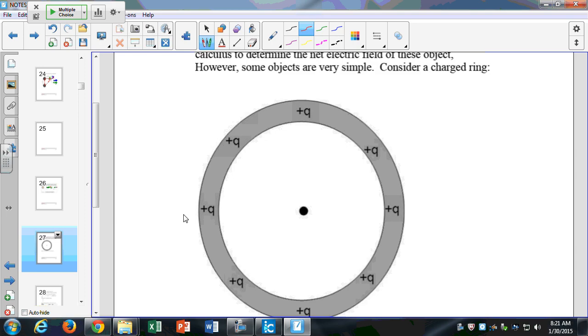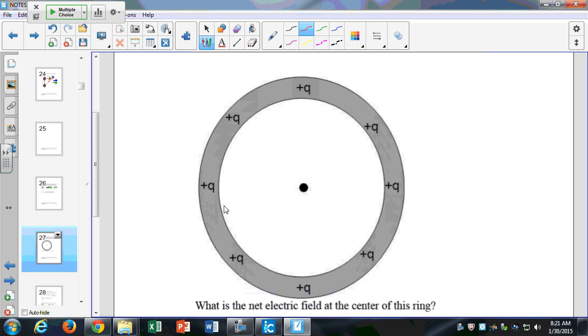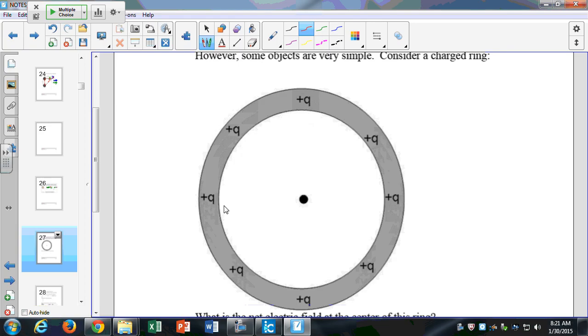For example, let's say that we had a charged ring and we wanted to know the electric field in the middle of it. If I want to know the electric field at this point, I would break up this ring into little differential elements. Each of these elements would have a charge dq, and as a result, each little element would have an electric field dE.